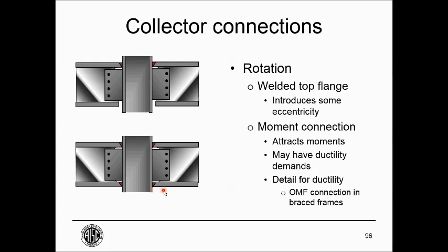If you have a braced frame that's also going out to large drifts, you should consider having an appropriate moment connection that can go to those large drifts. So some engineers will just put either a special or an ordinary moment frame type connection for their collectors and follow all of the detailing that you would do for one of those connections, including dealing with the removal of backing and so on.